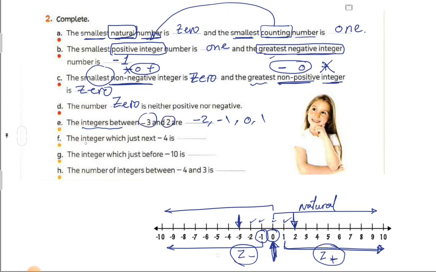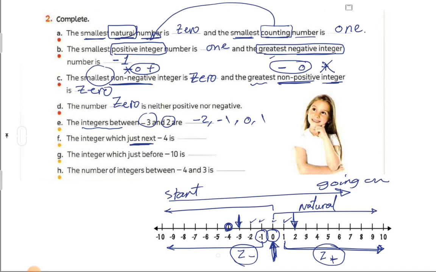The integer which is just next to negative 4. Where is negative 4? Here. Note that he asked us about just next. Always I start from left to right. Any number on this side is smaller and they get bigger going right.